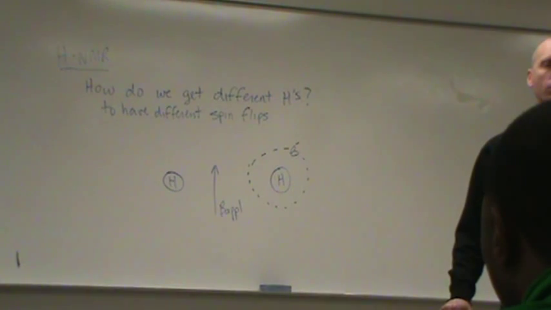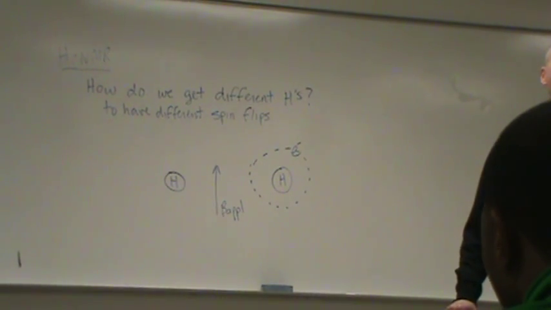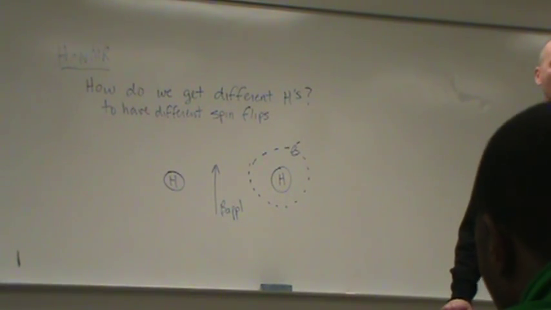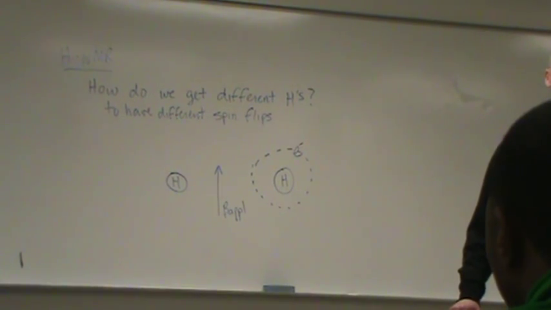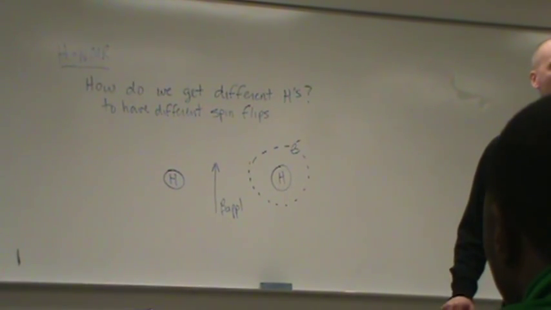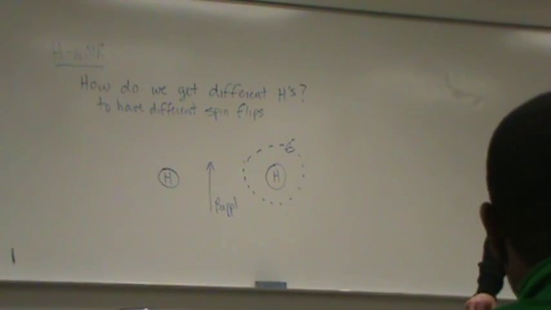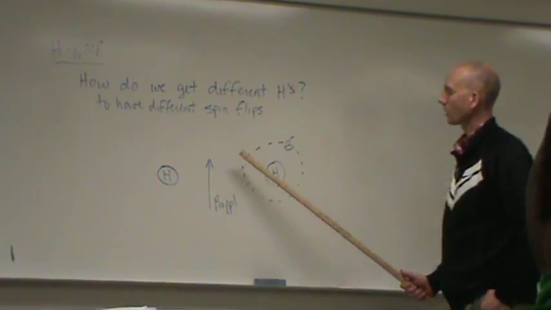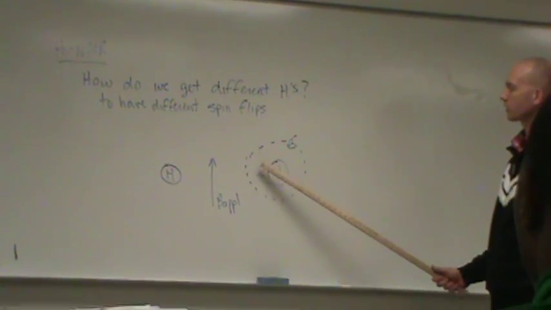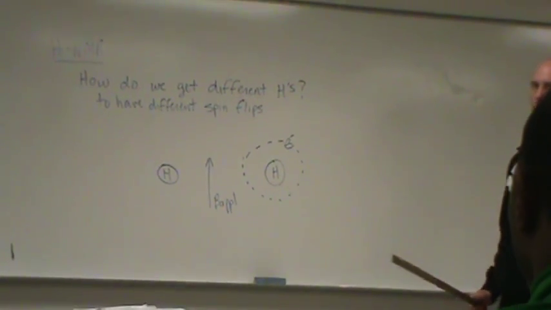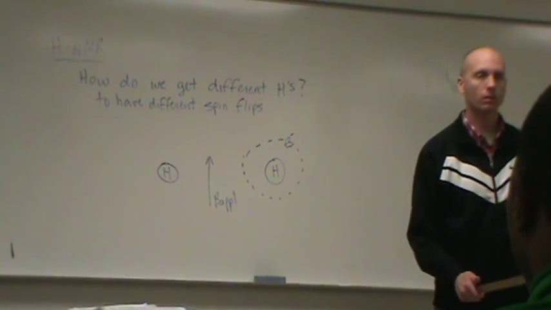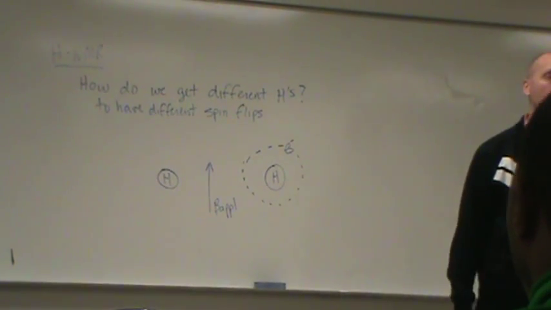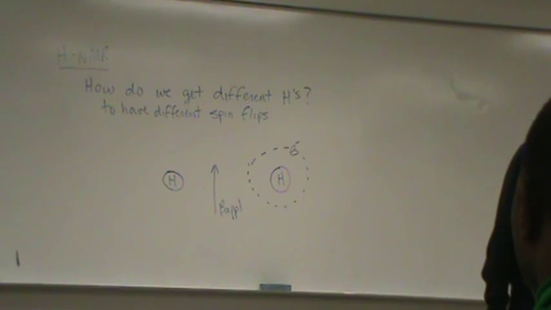The one on the left or the one on the right? Why the one on the left? What are these electrons doing to this hydrogen? Blocking it? Shielding it?